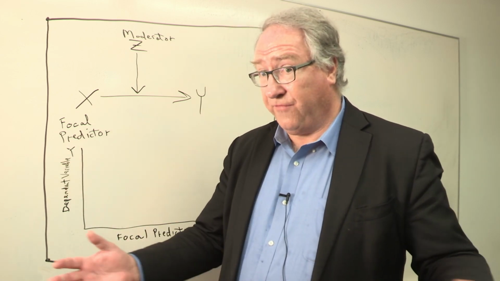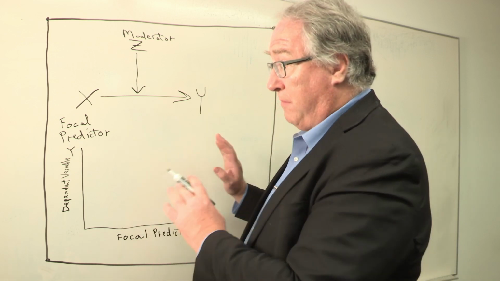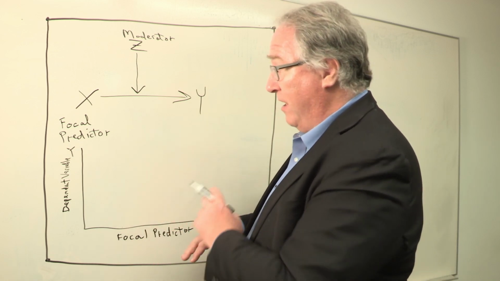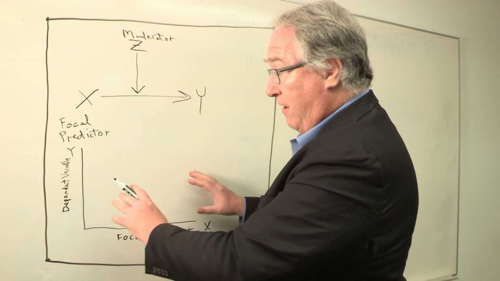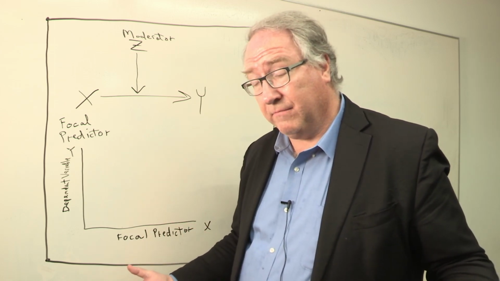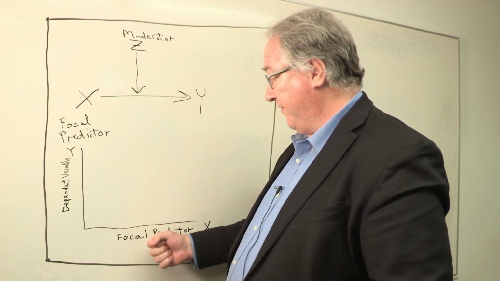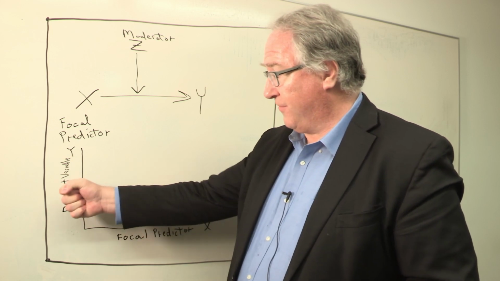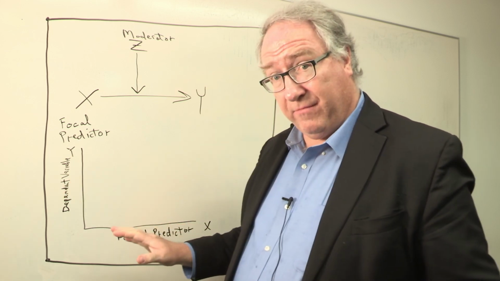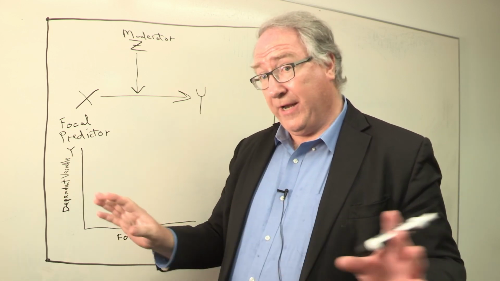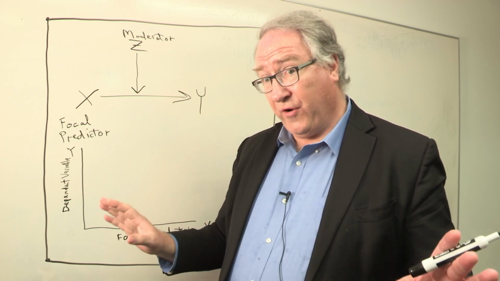But don't forget about the moderator. Now, before I put the moderator in, I want you to note something. All we're talking about so far is a main effect. We're talking about the effect of the focal predictor on the dependent variable, and that's it. We're not taking into account anything else in terms of other variables.